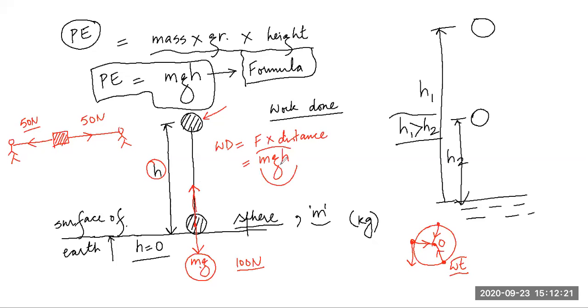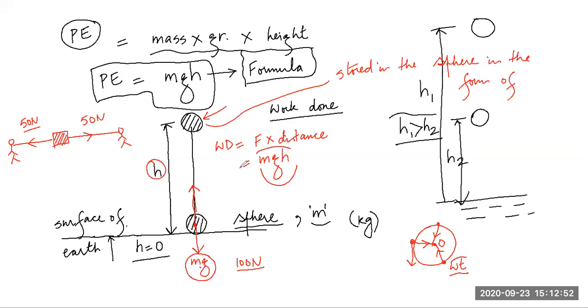And you know, students, I'm applying engineering here. This work done, strange, where does this work done go? This work done is stored in the sphere in the form of which energy? Heat energy?